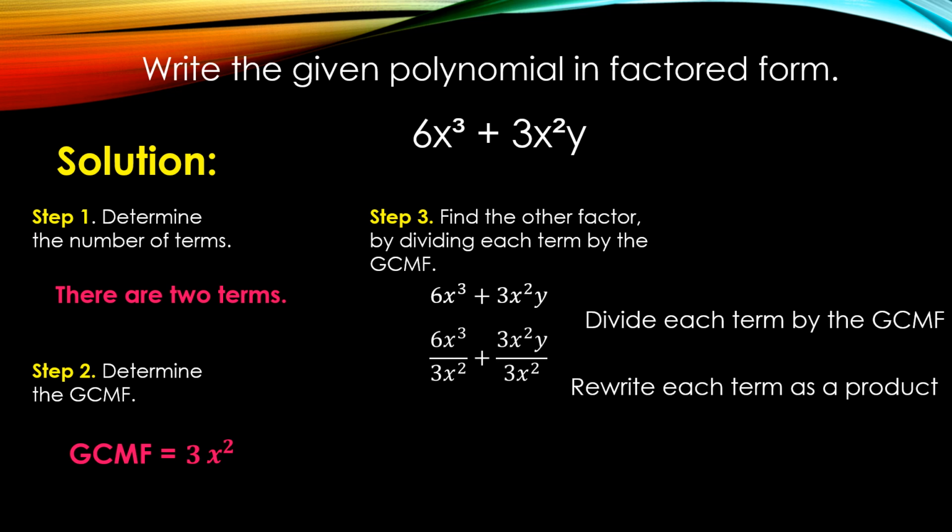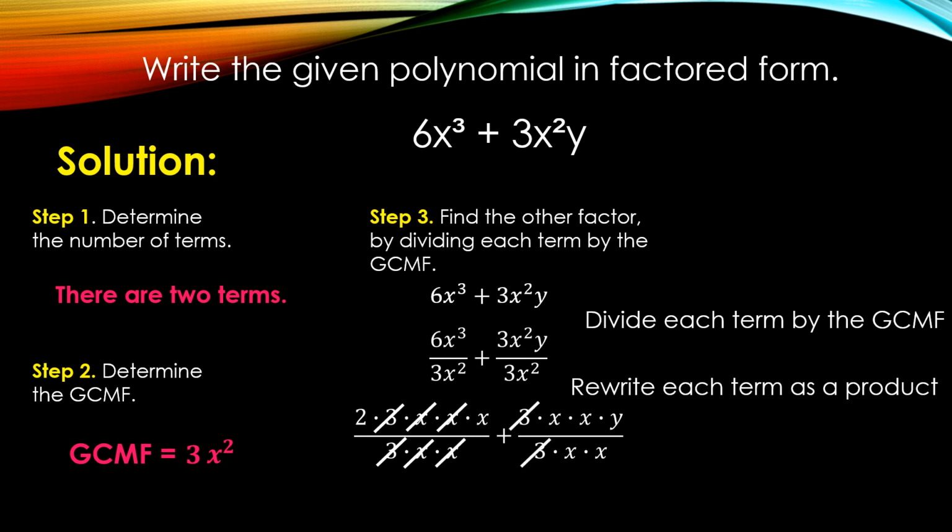Rewrite each term as a product, and then cancel out the common factors in the numerator and the denominator. In the first term, you cancel out 3 and the common variables. On the other hand, in the second term, common also are the number 3 and the common variables. So the remaining factors are 2x plus y.